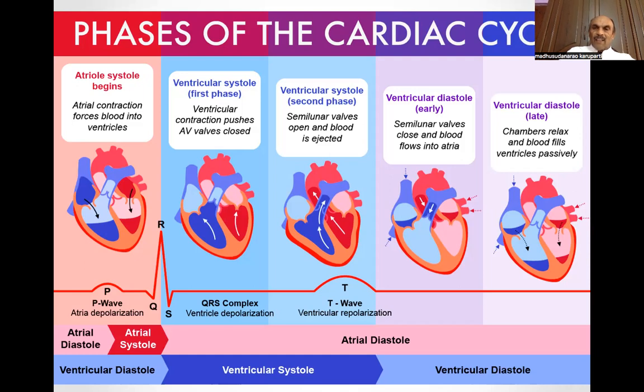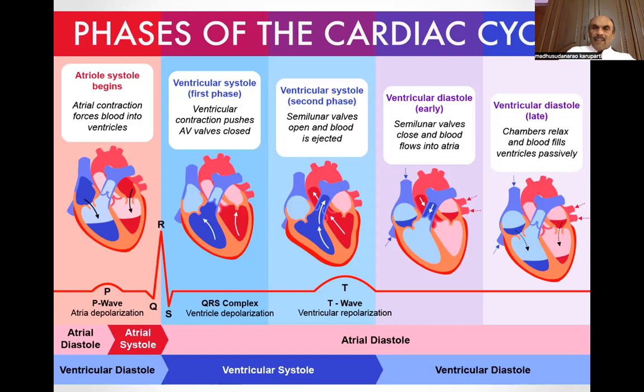During the early phase of ventricular diastole, the semilunar valves close, so that blood will not flow in a retrograde fashion into the ventricles. The atria get filled up slowly: the right atrium gets filled up with the systemic venous return, and the left atrium gets filled up with the pulmonary venous return.